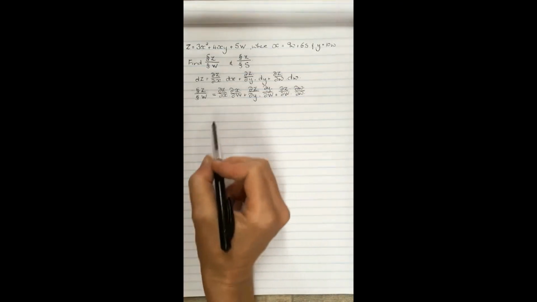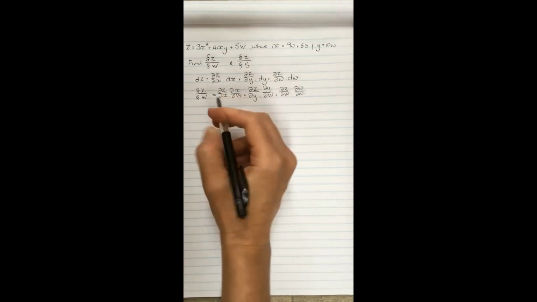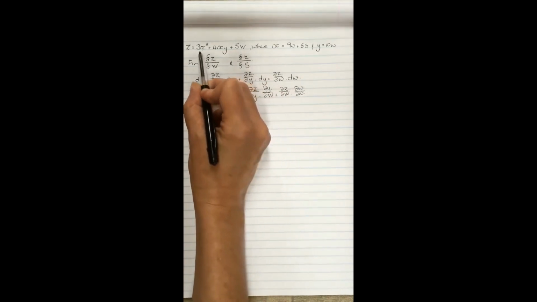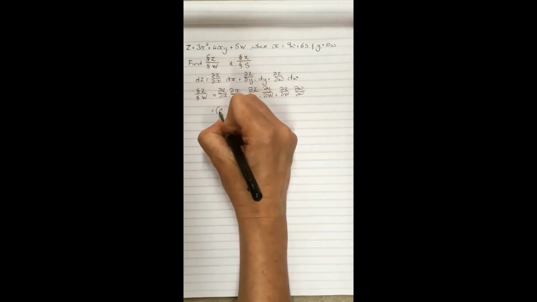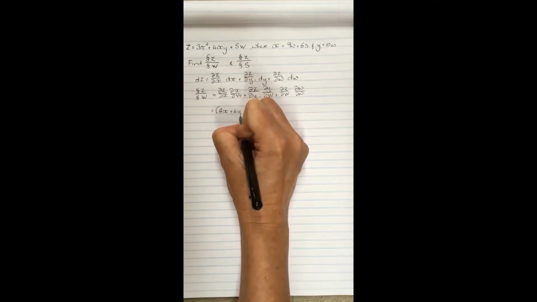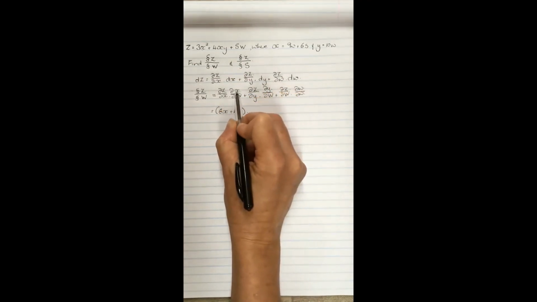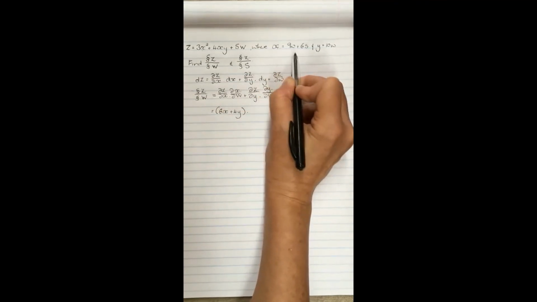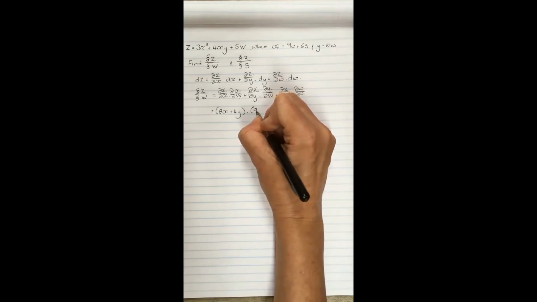Now we need to go ahead and calculate the partial derivative of z with respect to x. We're going to have 6x plus 4y. The partial derivative of x with respect to w will be 9.